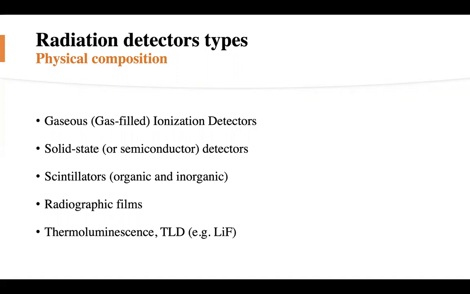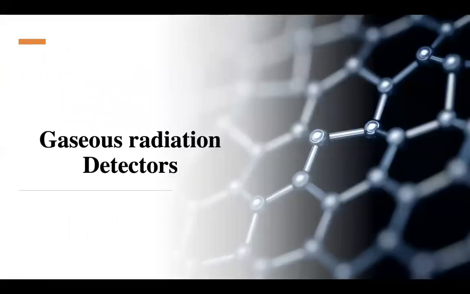Solid state or semiconductor detector. Scintillator. We can also call it solid state, but a scintillator can be liquid or solid. There are also two different types, organic and inorganic. Radiographic film and thermoluminescence detector. These are the main or famous detector types.